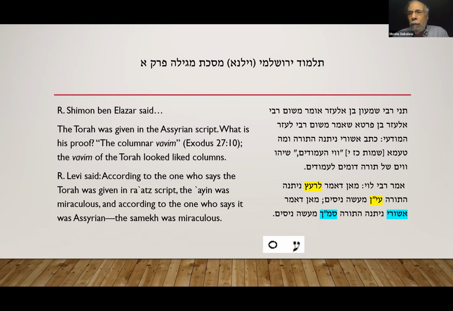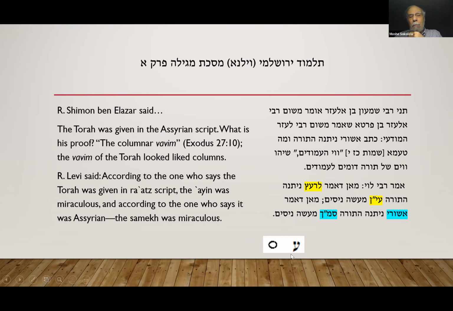If there was any letter of the Hebrew alphabet which had to be suspended miraculously because it was a completely enclosed letter and would otherwise have fallen out, says Rabbi Levi, that was neither the mem nor the samach, but it was the letter ayin.